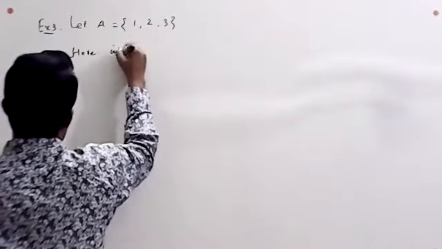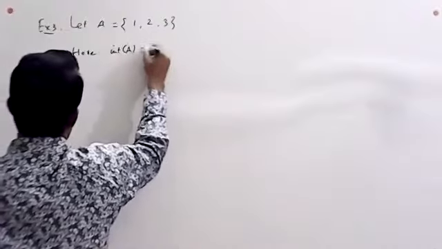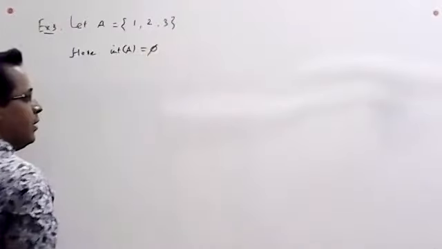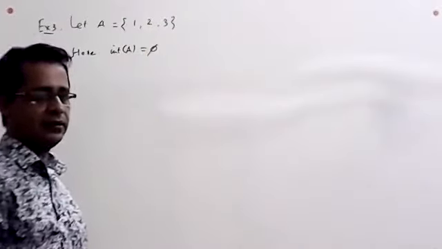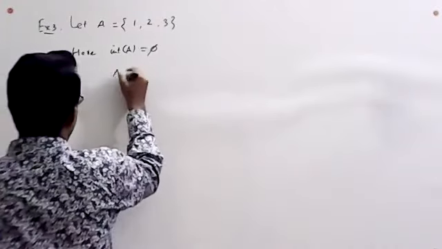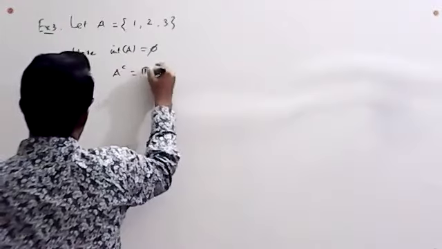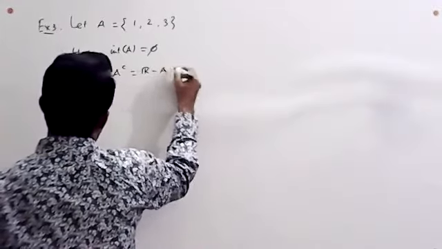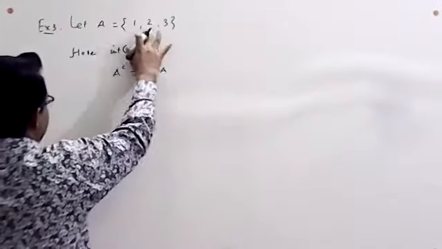interior of A is an empty set. We know that a closed set has no interior point. A complement is R minus A, that is R minus these 3 points.